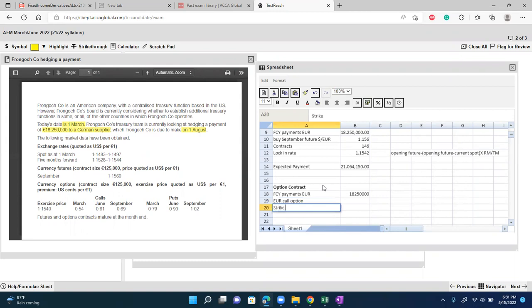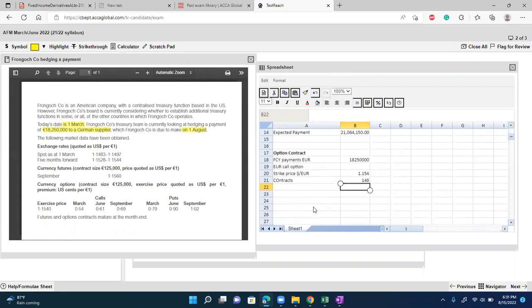Strike price is 1.1540 dollar over euro. 18.25 million divided by 125,000 is 146, so there is no rounding off of contracts. That means there will be no under hedging or over hedging.